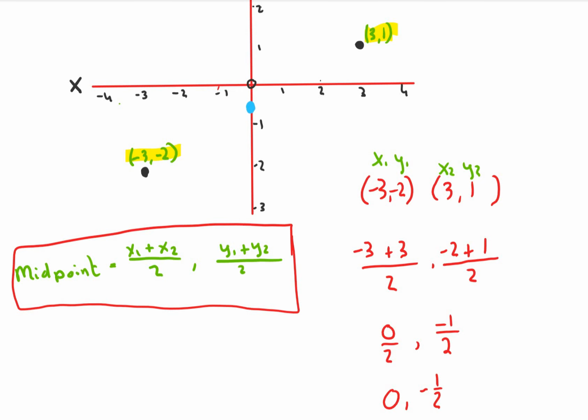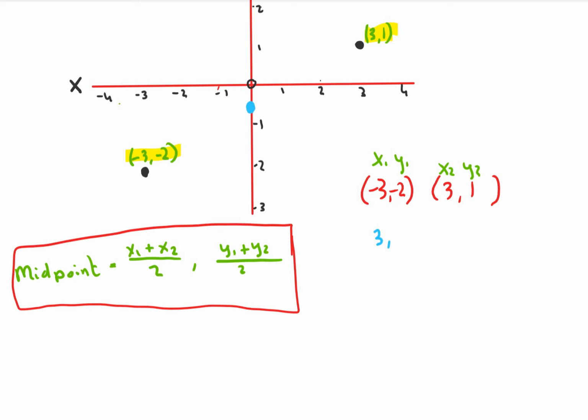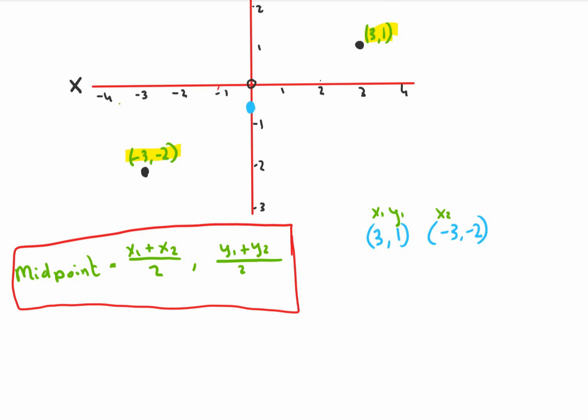Okay, we'll just try it the other way. We'll try it putting our 3, 1 first. Okay, we'll see if we get the same answer. So instead of writing it this way, we'll write it 3, 1, minus 3, minus 2. Label my points again, x1, y1, x2, y2. Fill it into our formula.